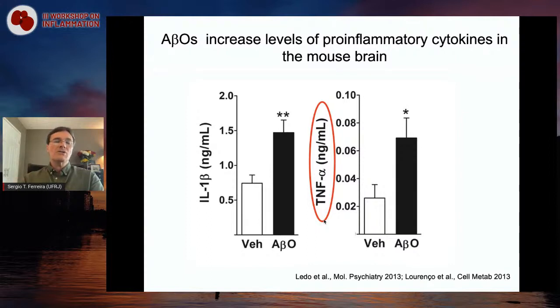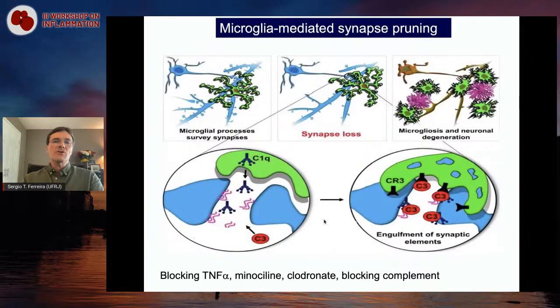Now, in addition to secretion of these soluble pro-inflammatory factors, in the Alzheimer's field, there has been increasing recognition of the fact that microglia may also lead to synaptic damage and to memory impairment by an additional mechanism, namely what is known as synapse pruning. So this is a physiological process that occurs in development. Microglia in the developing brain prune, or phagocytose and remove, excess synapses.